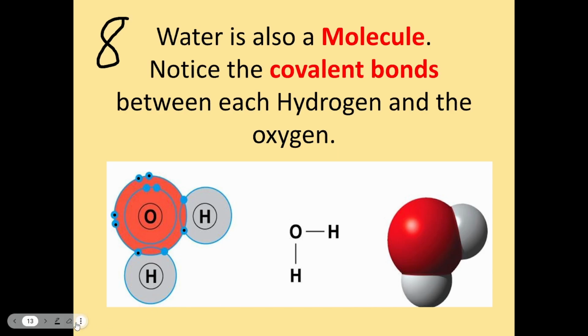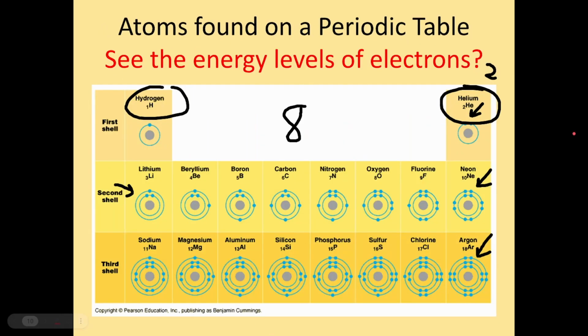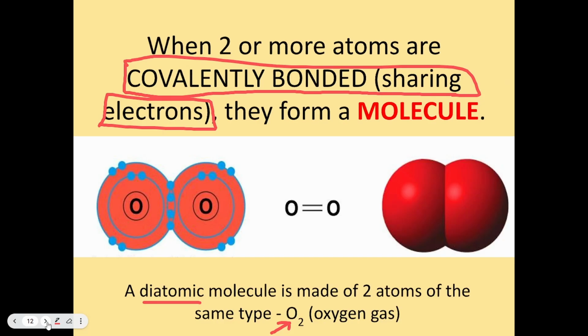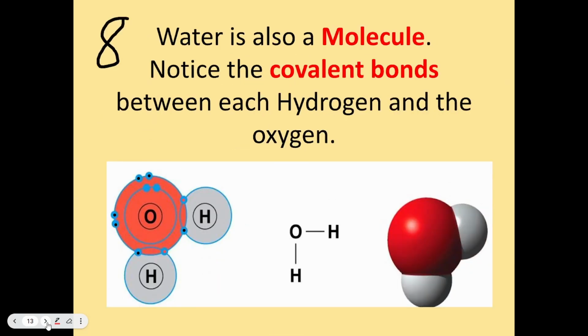Hydrogen just has 1. And this hydrogen just has 1. Now remember, we said a bunch of slides ago, for hydrogen and helium, the magic number is 2. It wants to have 2 on the outside. You know, if atoms could want things, that's what they would want. They'd want 2 electrons. So what happens is these guys share these electrons.